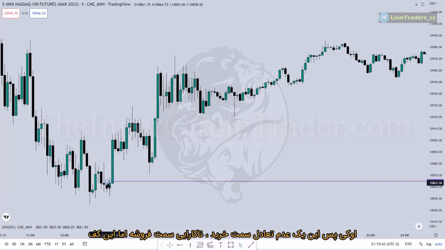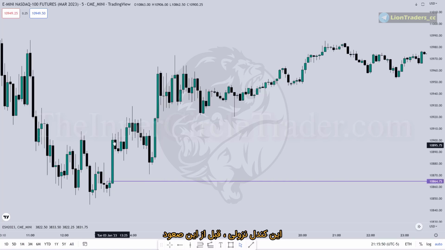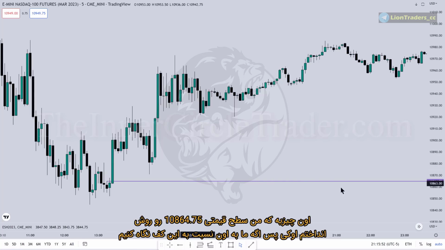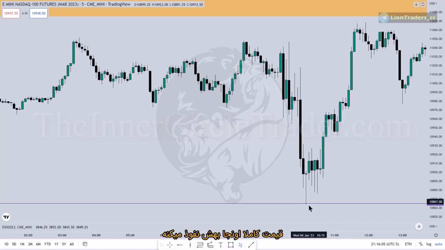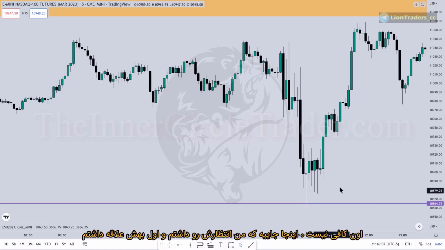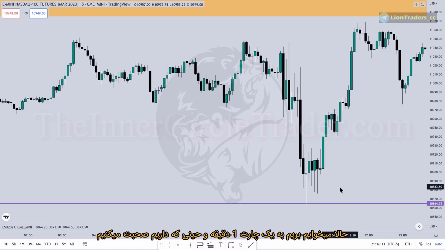But the high of this candle here, this down close candle, prior to this move up, that's what I'm anchoring on for the price level of 10864.75. Okay, so if we look at that in relationship to the low, it pretty much nails that right there. That's not enough. That's where I was looking and had my initial interest in it. Now we're going to drop down to a 1-minute chart.